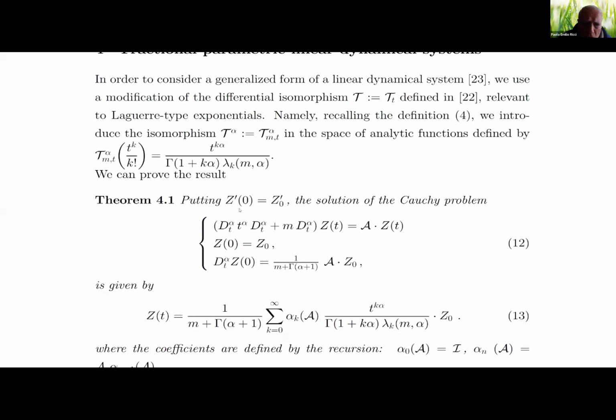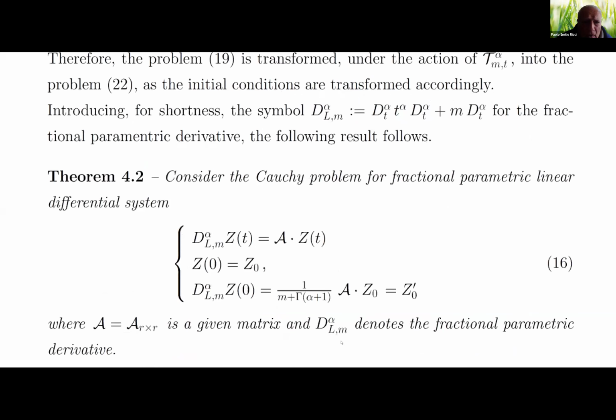So if you consider this problem, the solution is given in this form, which is a generalization of the solution of the linear dynamical system. This is also a proof, but I skipped the proof.